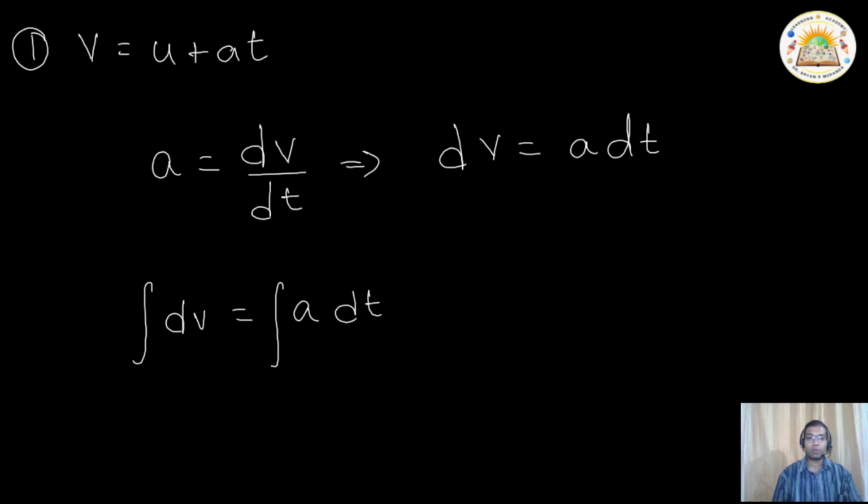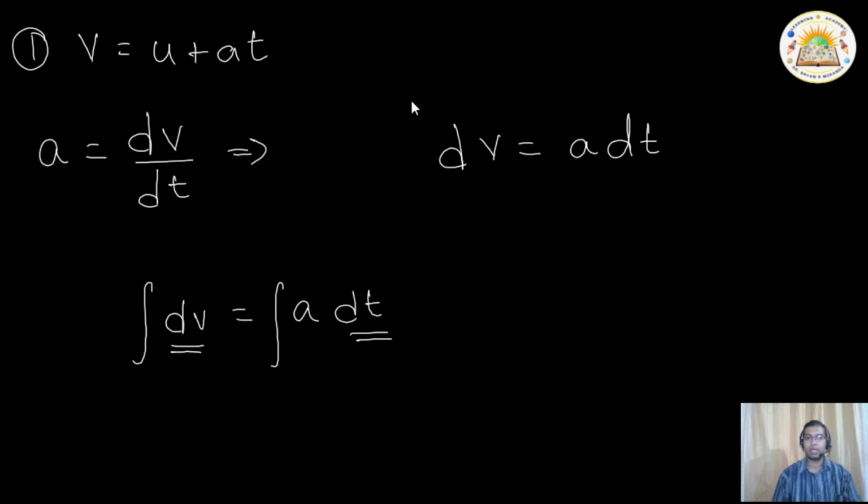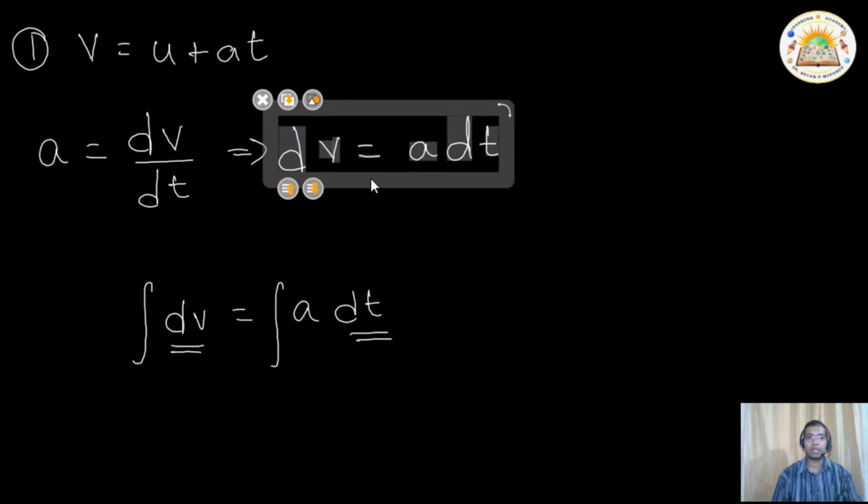Now before we proceed, a couple of things that we have to see. Here velocity and time we will have to define, because dv and dt are the values that are going to change. So we will have to define their limits. What is the meaning of that? It's as simple as telling that when we are looking at the starting and the finishing point.